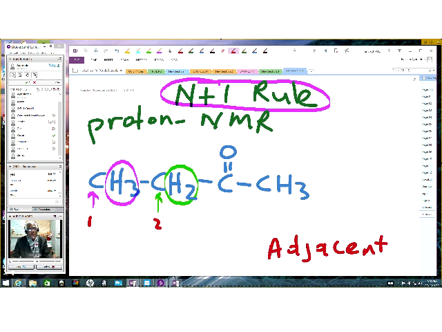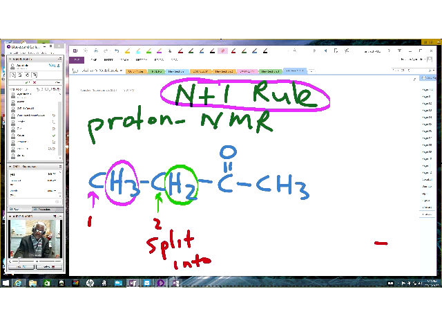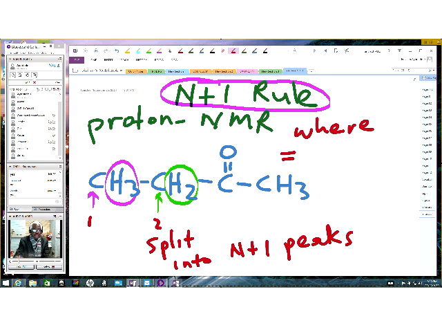Now, what the N+1 rule says is that the signal for those hydrogens attached to carbon number 1 will be split into N+1 peaks, where N equals the number of hydrogens on an adjacent carbon atom.